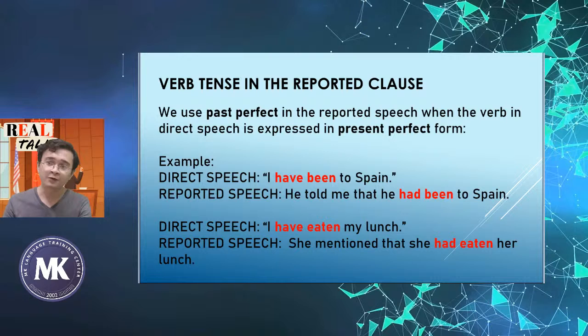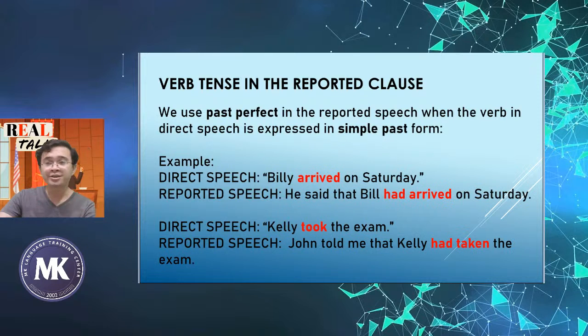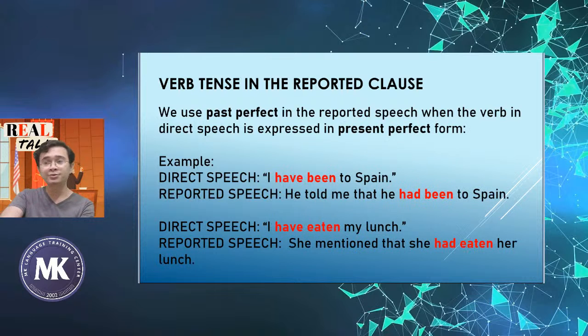From present perfect form in direct speech, it now becomes past perfect form in reported speech. But keep in mind that we use past perfect if our direct speech is expressed in both simple past and present perfect form.